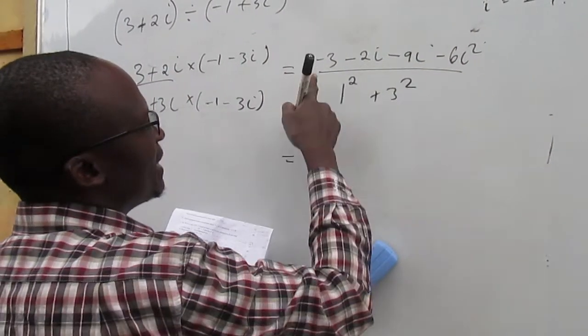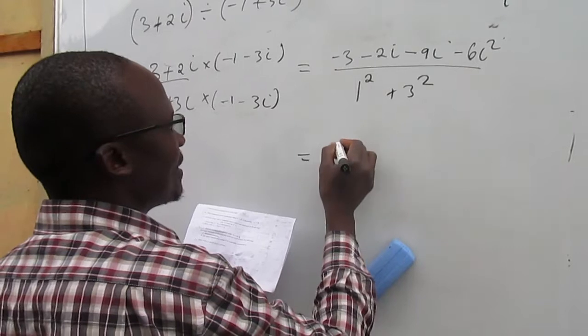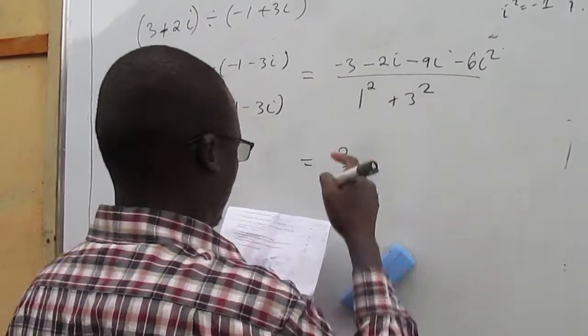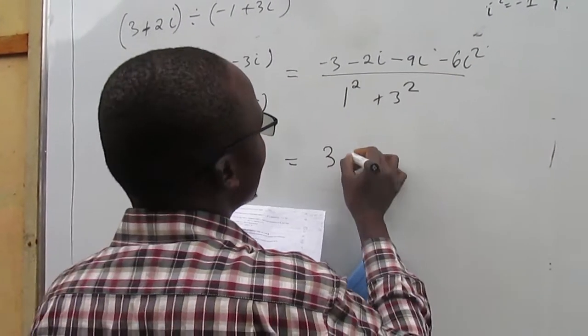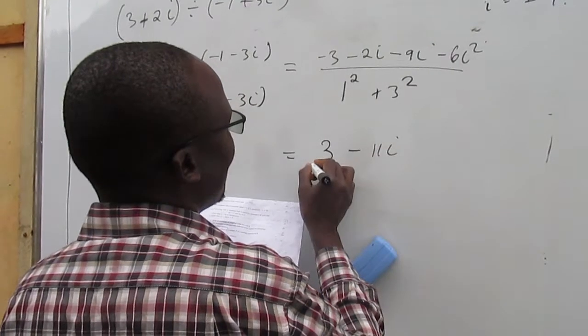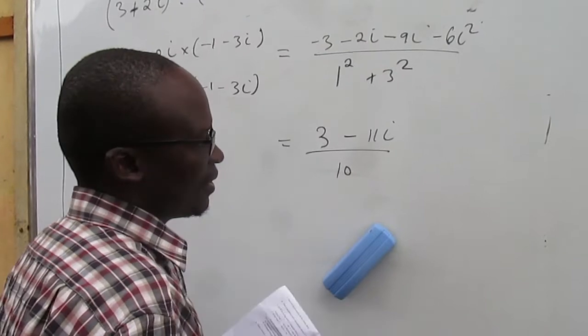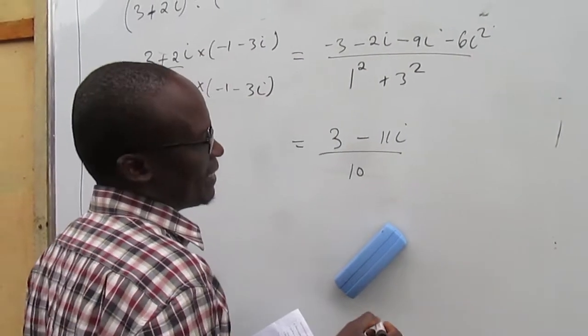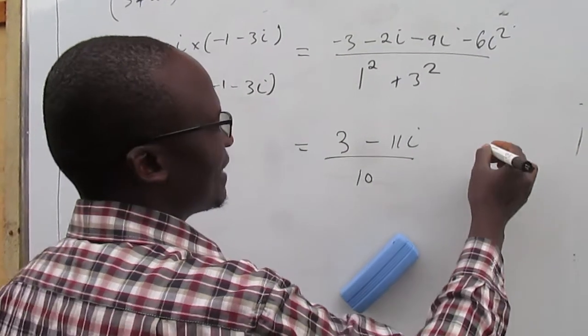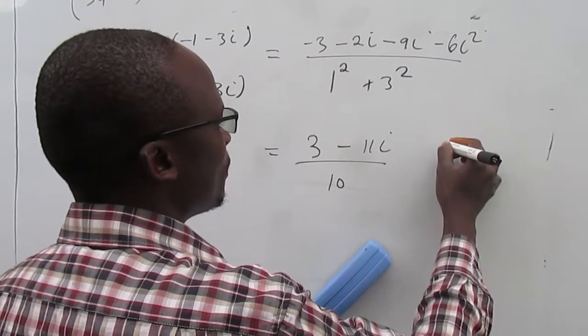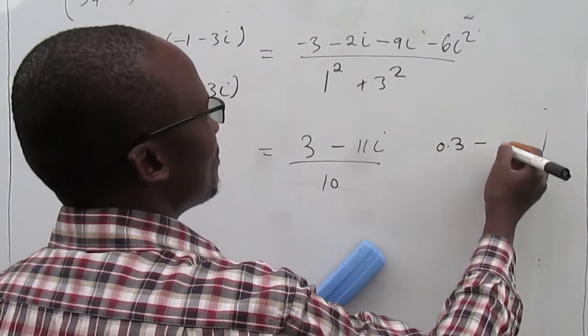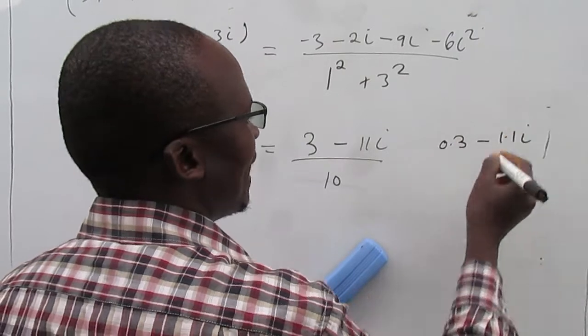So what we have here is minus 3 plus 6, which gives us positive 3, minus 2 minus 9i gives us minus 11i, and all this over 10. So assuming that we were in the field of complex numbers, this would be 0.3 minus 1.1i.